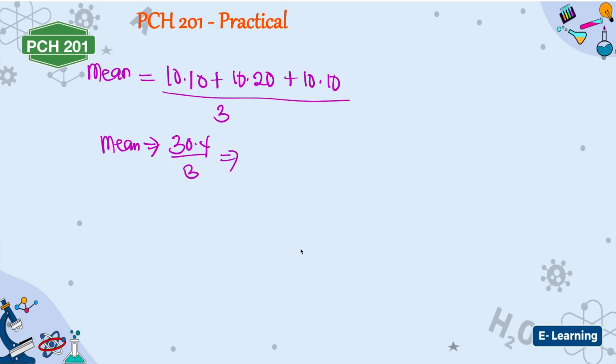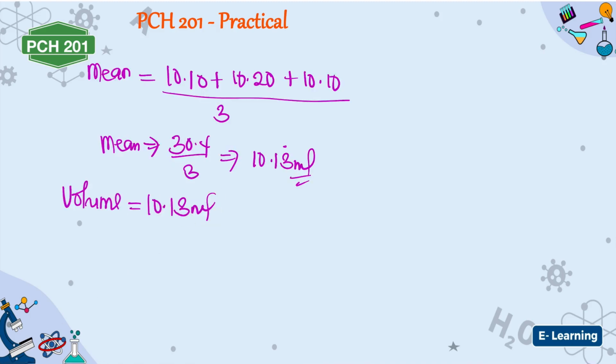It gave us 10.134, which means it continues. So we take 10.13 ml. All right, that is the Titre volume. So your volume is 10.13 ml.